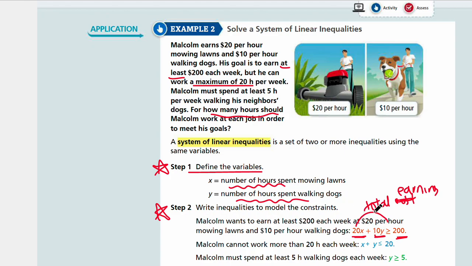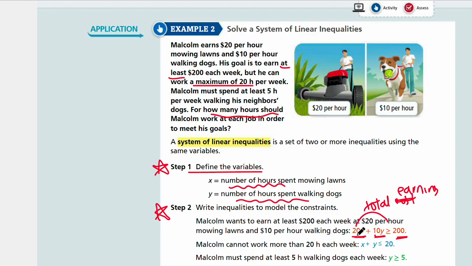Okay? So the second one now, we don't want him to work more than 20 hours. So X, the number of hours he spends mowing lawns, and Y, the number of hours he spends walking dogs. If you add them, that's the number of hours, and that should be less than or equal to 20. Okay, now we have an inequality with hours. It's okay if the inequalities mean different things.